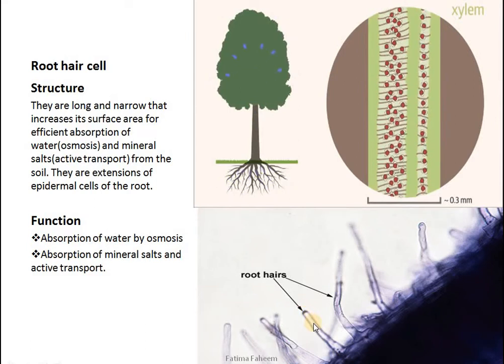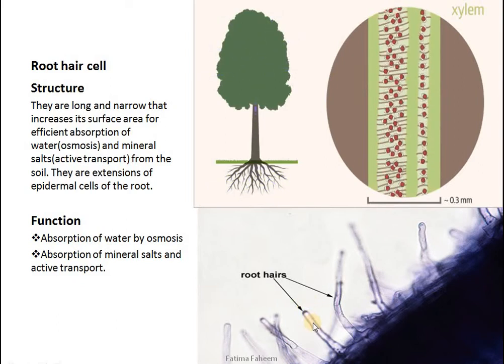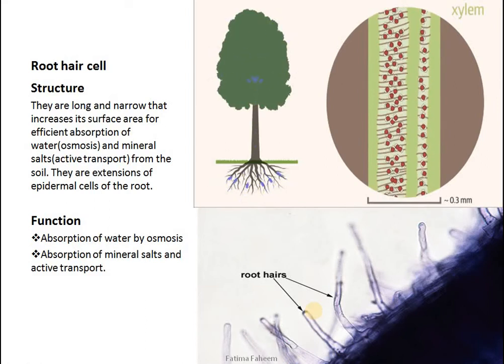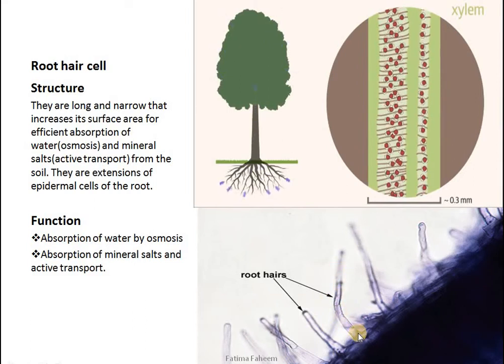Water is taken up by the root hair cell by osmosis, and mineral ions are taken up by diffusion and active transport. All these three processes, osmosis, active transport and diffusion, will be discussed in your next chapter. For now, just remember the structural adaptation of the root hair cell, which is the presence of a long protrusion or long extension in order to increase the surface area.